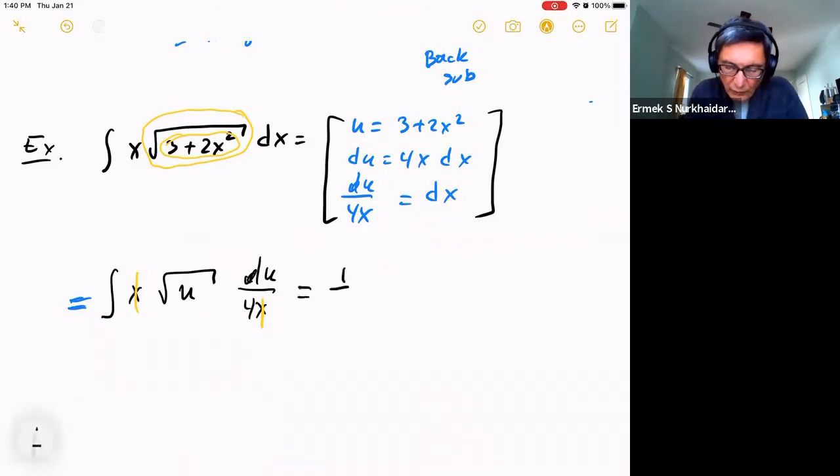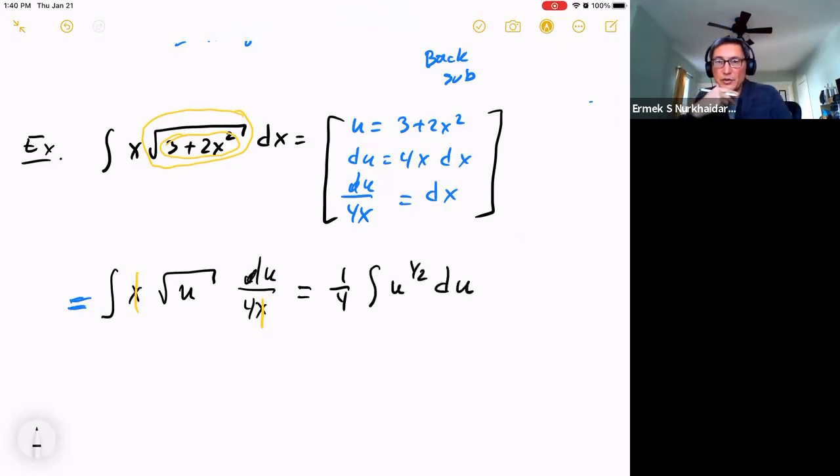We have 1/4, which is a constant. A constant can be pushed outside of the integral. Integral u to the 1/2 du. So that means our substitution did go smoothly, and now we are ready to finish it up.